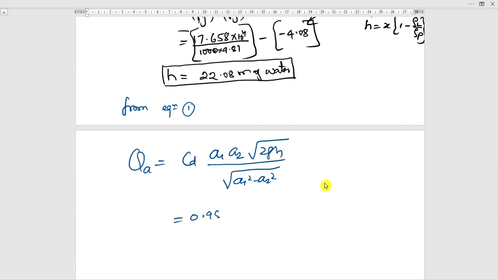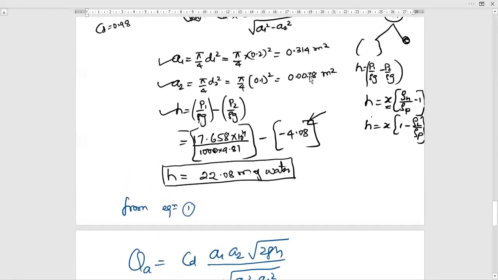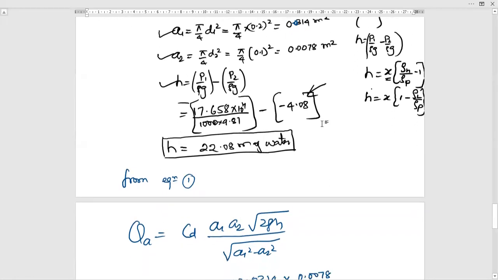CD is 0.98. The area A1 is 0.0314, we have calculated in the previous step. And A2 is 0.0078. This is not 0.314, this I will take as 0.0314.